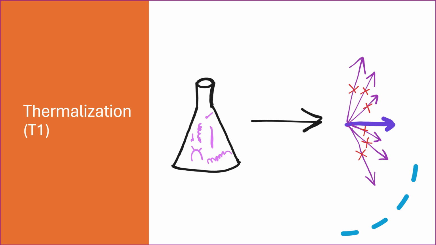It will start to fan out, and as it does, these transversal magnetization vectors have very little influence, so they cancel out and end up creating a longitudinal magnetization vector along the z-axis instead, which you can see by the thick purple arrow. And this is the T1 thermalization process.